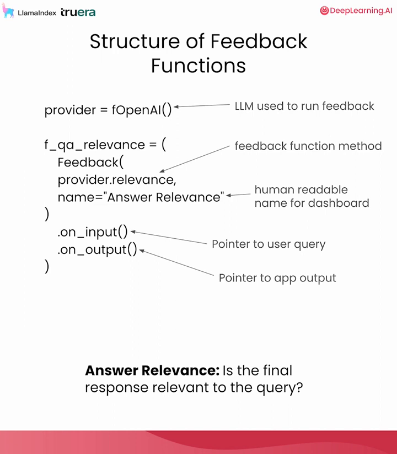And in addition, it'll also provide supporting evidence or chain of thought reasoning for the justification of that score. Let's now switch back to the notebook and look at the code in some more detail.